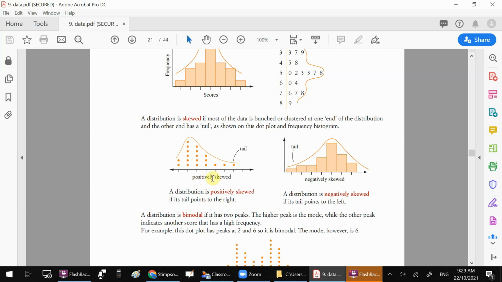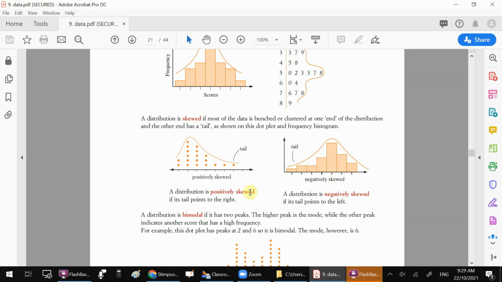Skew meaning it's like off centre. The data is bunched or clustered at one end. So when it's clustered on the left-hand end or the lower end, it's positive skew. When it's clustered on the right-hand side, on the higher end, it's a negative skew.